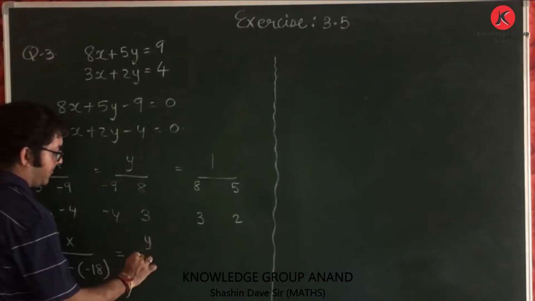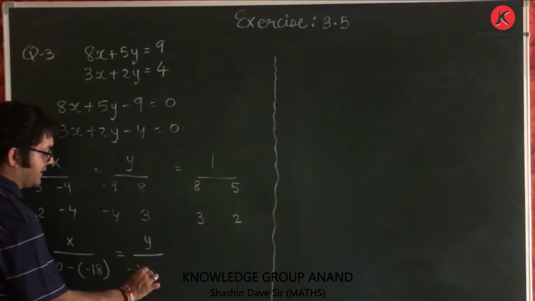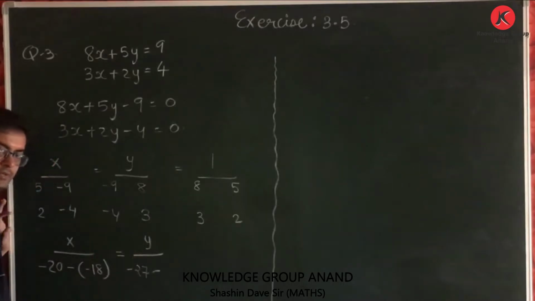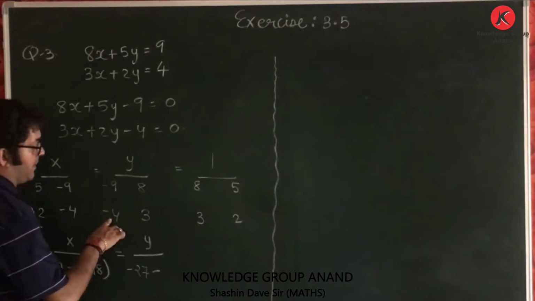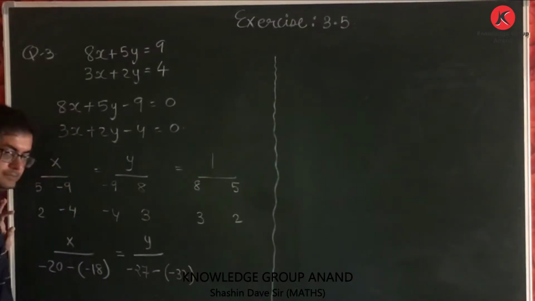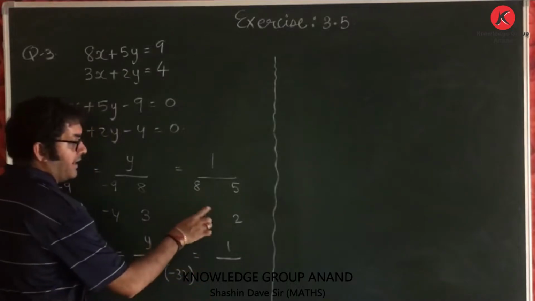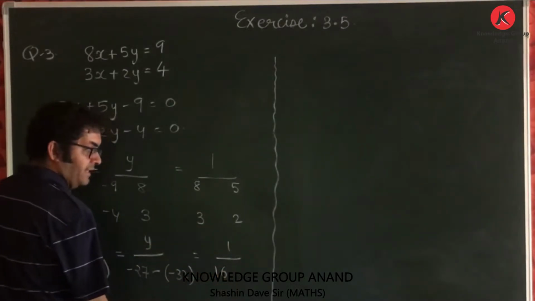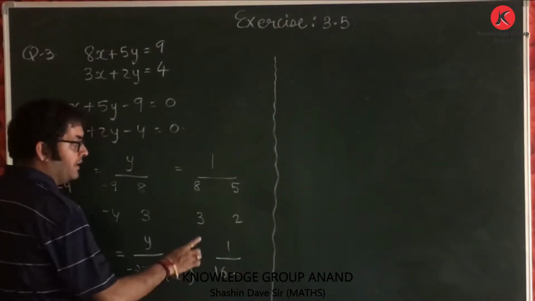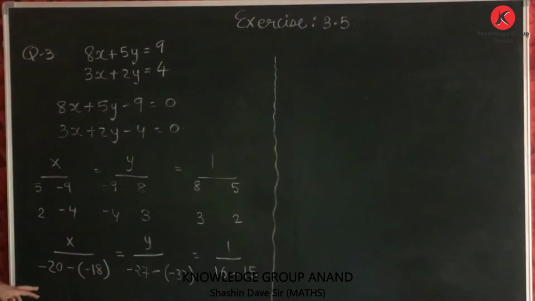Similarly, y upon. Now minus 9 into 3 gives minus 27. In between there is minus, and now minus 4 into 8 gives minus 32 is equal to 1 upon 8 2s are 16, minus in between, and 3 5s are 15. So now this minus minus will become plus.